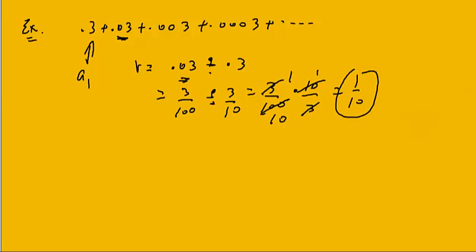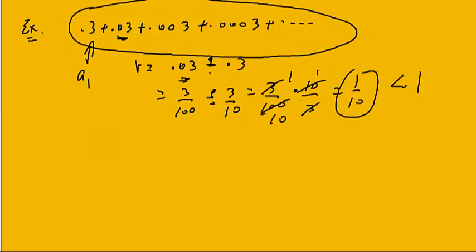Well, 1/10 is less than 1, so it converges and we can find the sum. Let's go ahead and add them all up using our formula. S sub infinity is a sub 1 over 1 minus r. a sub 1 is 0.3, and r is 1/10, which we found right here.